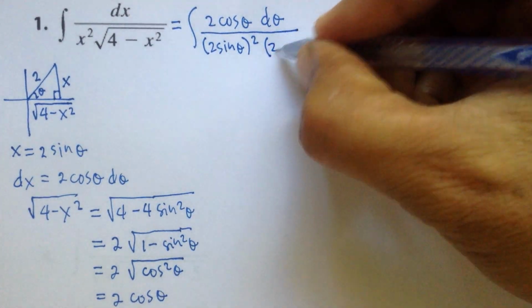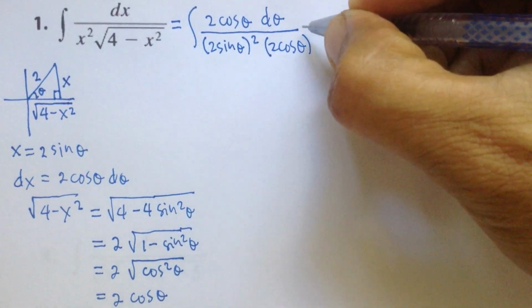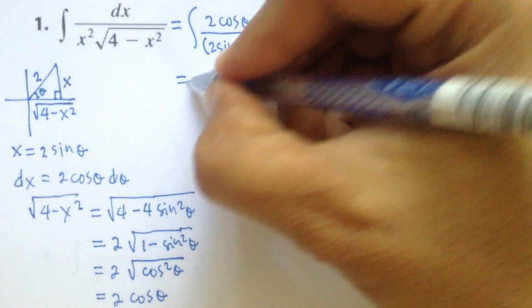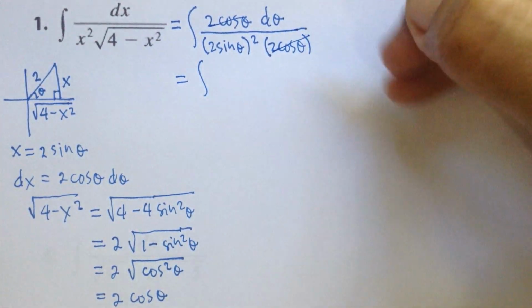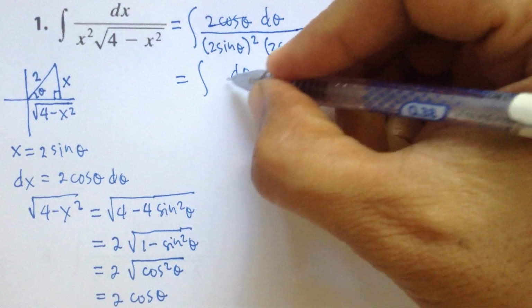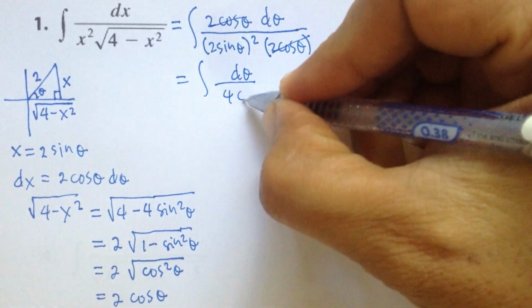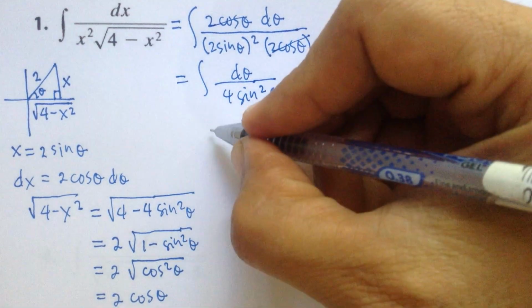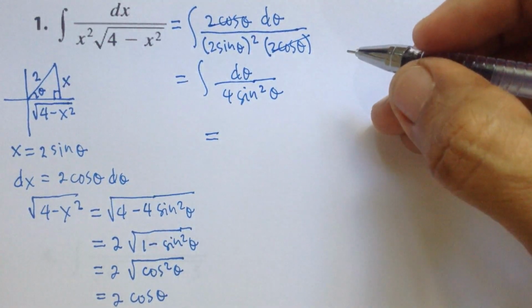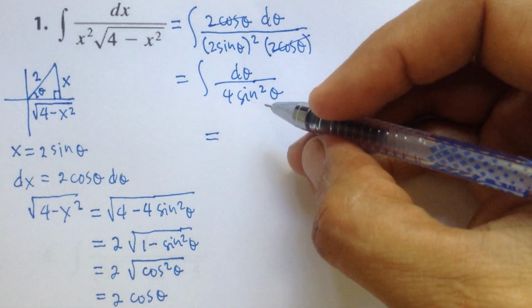So simplifying, we have the integral. This will cancel. So you're left with d theta over 4 sine squared theta.